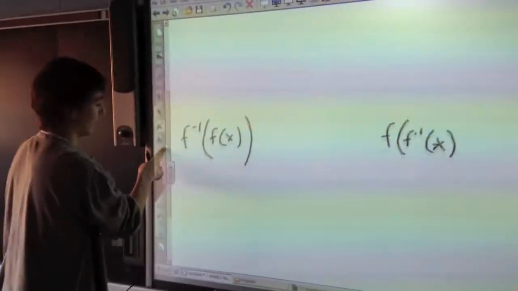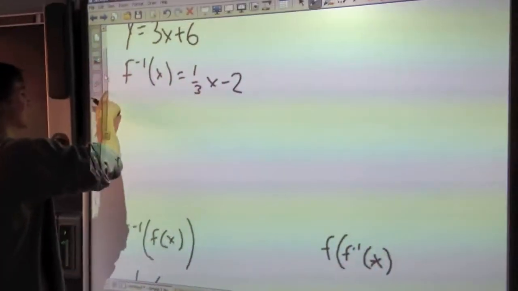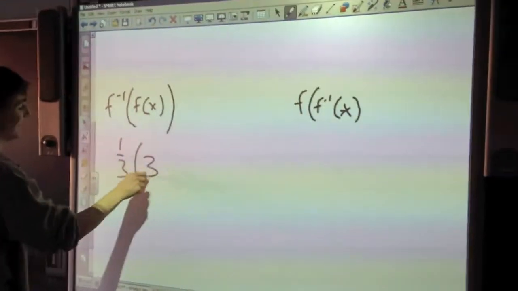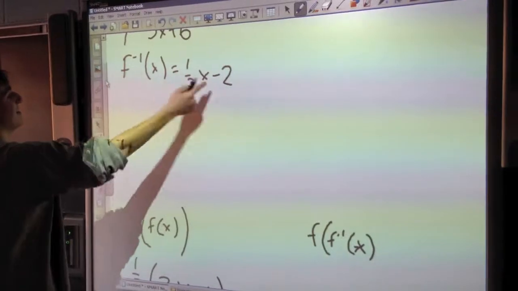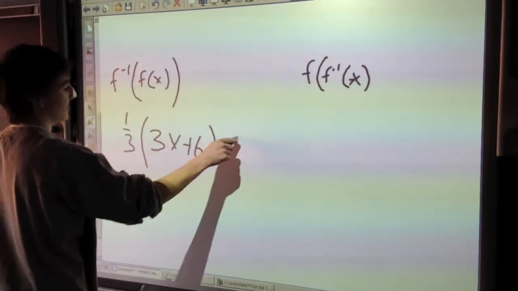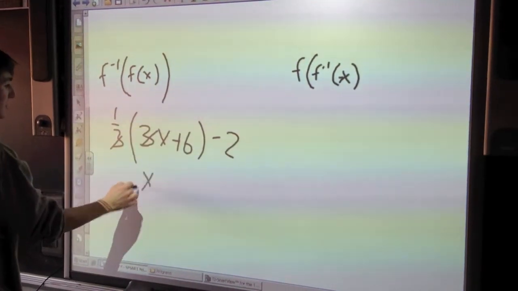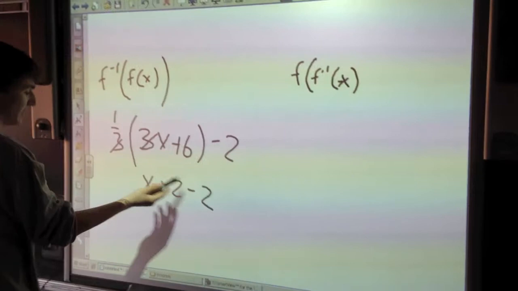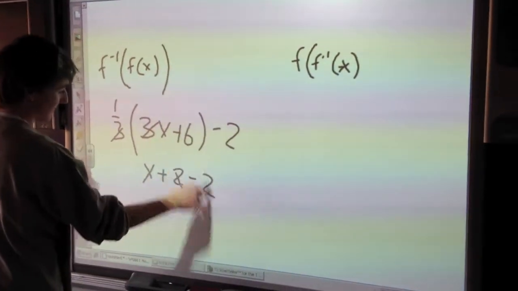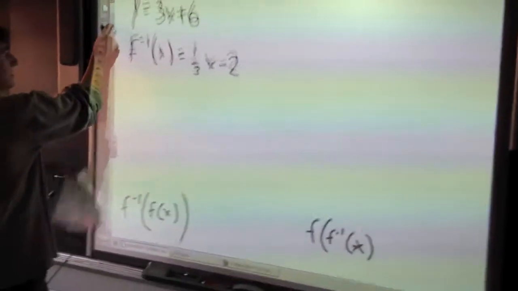So it's 1/3 times (3x plus 6), and then minus 2. So when you do this, this cancels out to x, and then this cancels out to 2, so plus 2 minus 2. Then when you do it all, it equals x. So you know that part is true.